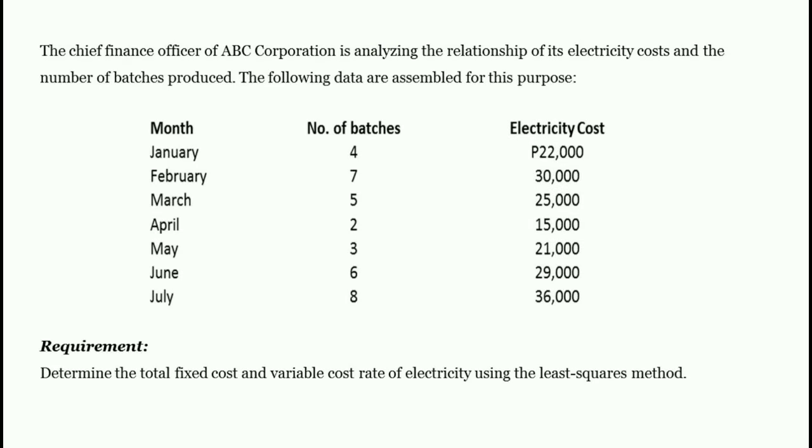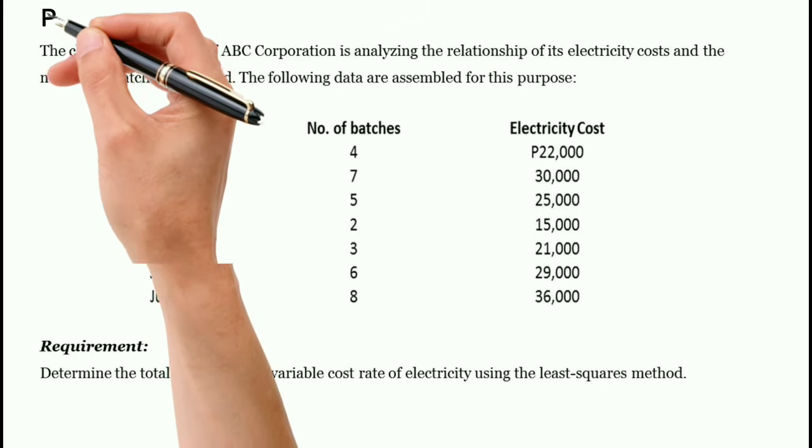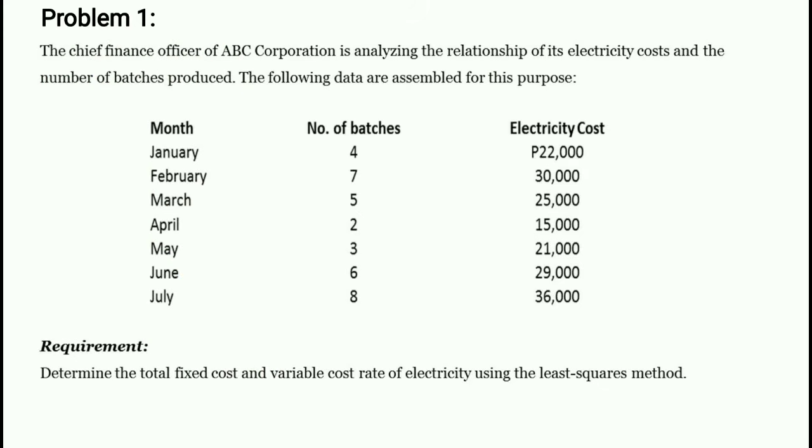Let us now answer problems using the least squares method. Problem number 1, the Chief Finance Officer of ABC Corporation is analyzing the relationship of its electricity costs and the number of batches produced. The following data are assembled for this purpose.